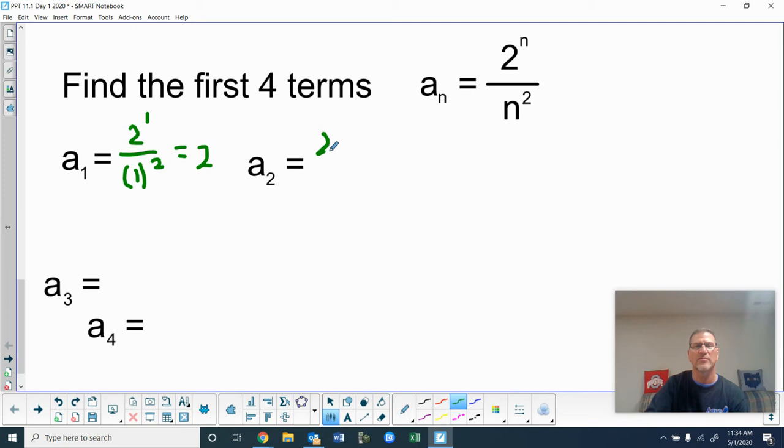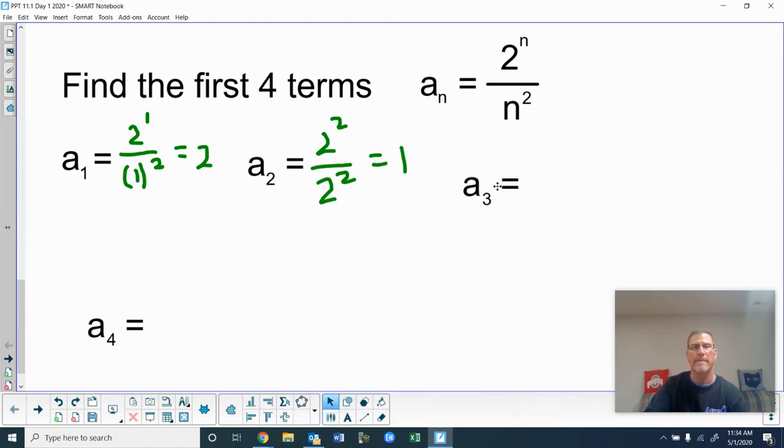And since I'm doing the second term, n is 2, so 2 squared over n is 2, again, over 2 squared. Again, that doesn't change. That stays 2 the whole time there. So that's 4 divided by 4. So that answer is 1 for my second term.